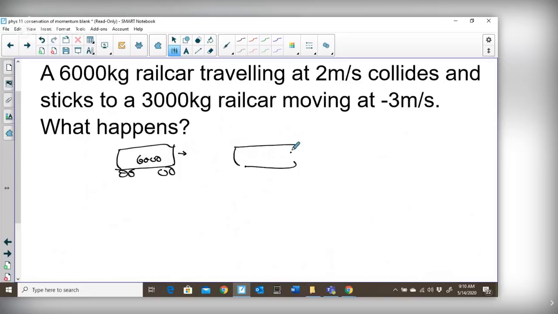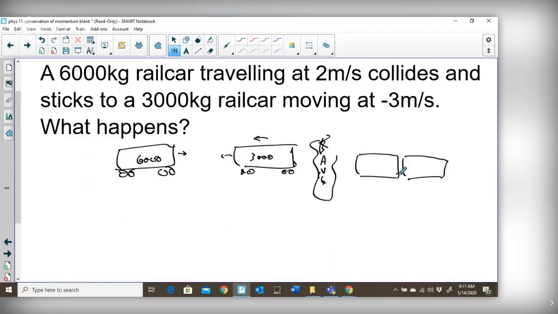And we've got our 3,000 kilogram rail car, and it's traveling along in this direction. Bang! They connect together, and so let's go bang. Then we have our two rail cars, and they're connected together. We want to know what's going to be, in essence, happening over here.